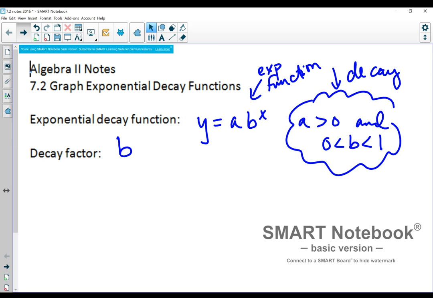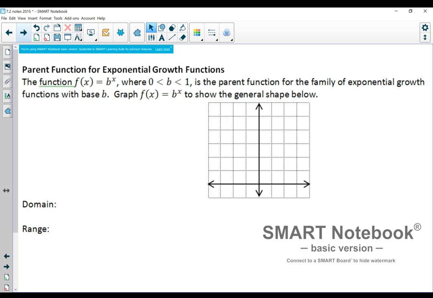This is really similar to 7.1. When we look at our general shape and we look at our x and y, again, we're looking at y equals b to the x power, just like we did for 7.1. Now, because b is a fraction, I know when x is 0, y is always 1.